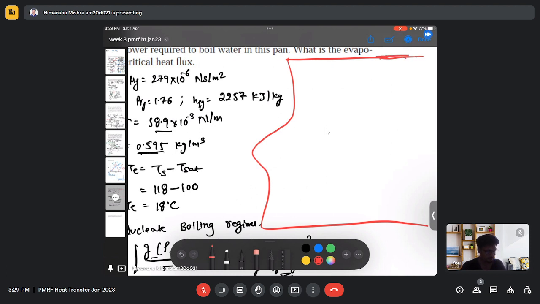So whatever heat we are adding to the fluid, it will evaporate the fluid. So basically I can write the heat required to evaporate as mass multiplied by my latent heat.